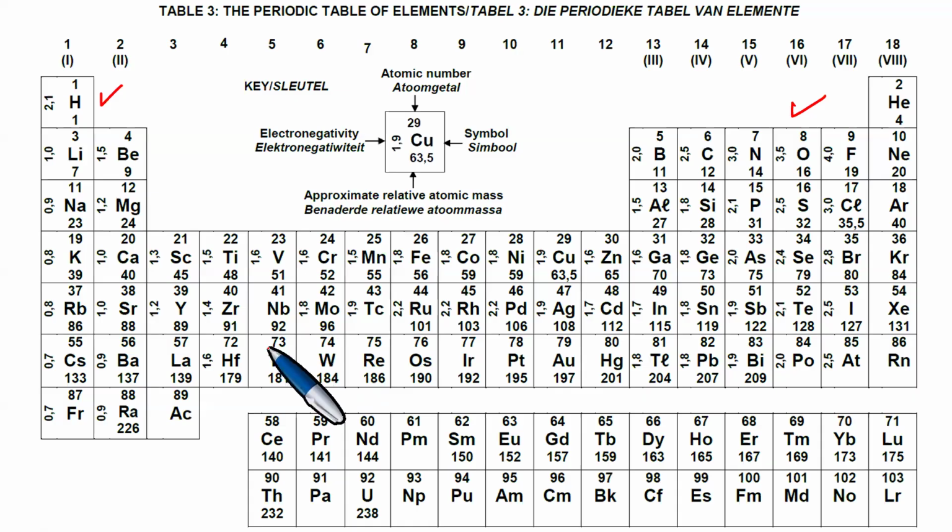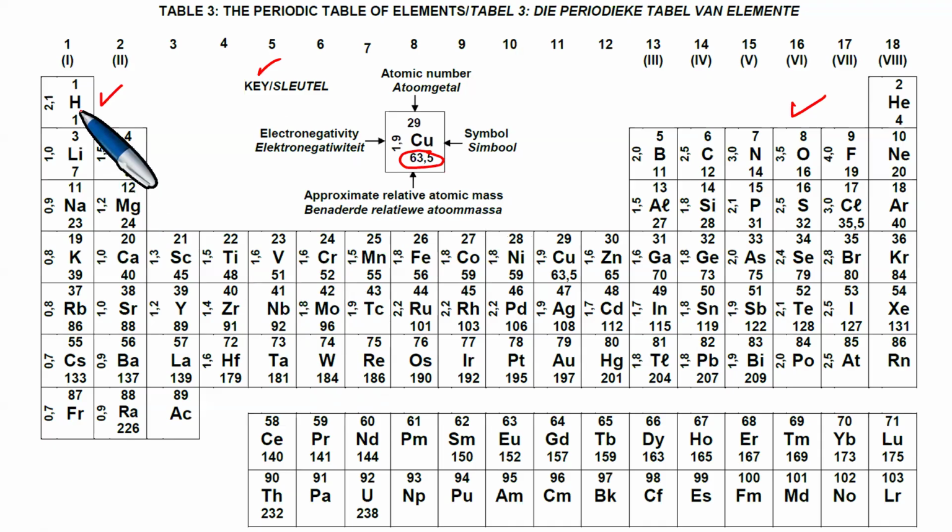Right, so what is the ratio of the mass? We can see from the key here. The key is that we have the appropriate relative atomic mass, like the atomic mass of copper is 63.5.